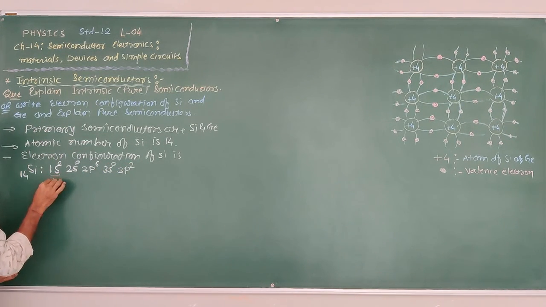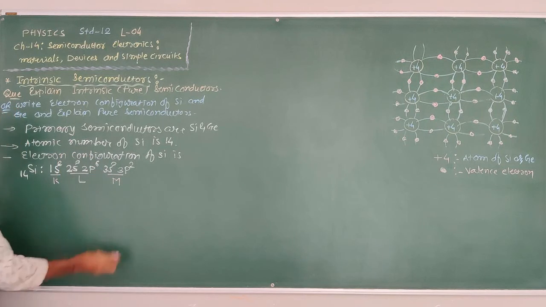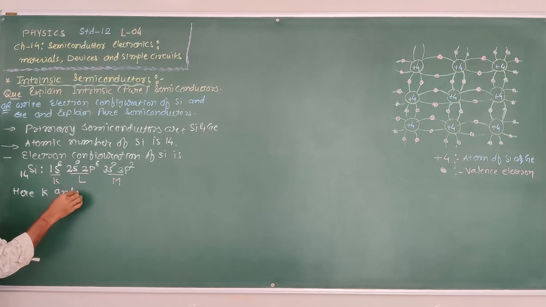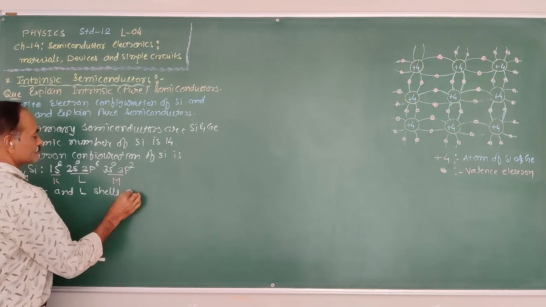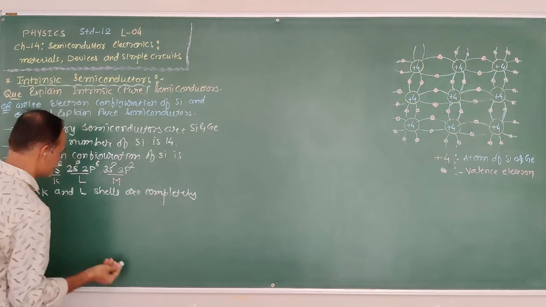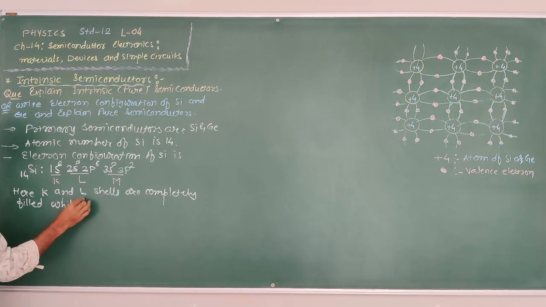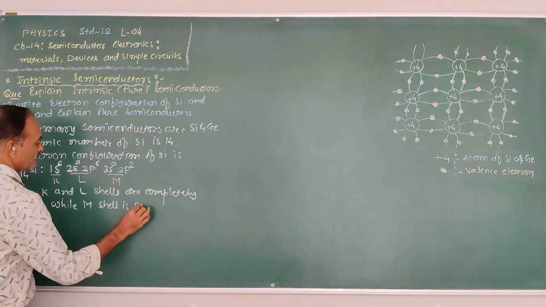So here the K and L shells are completely filled, while the M shell is partially filled.